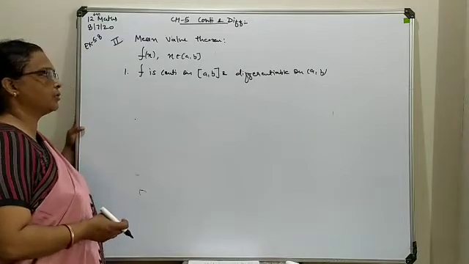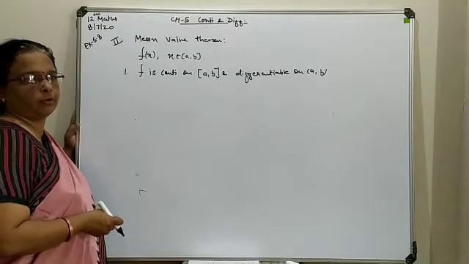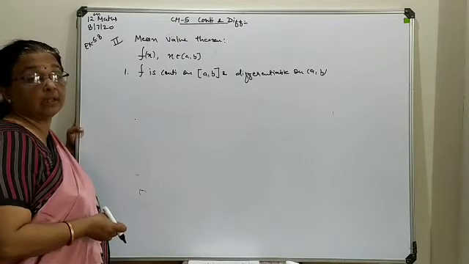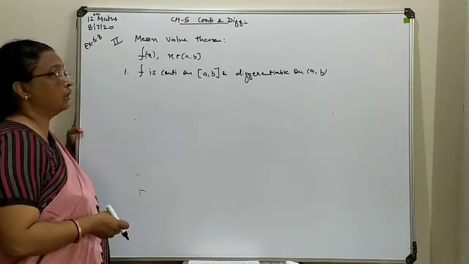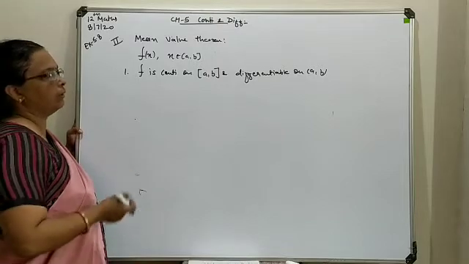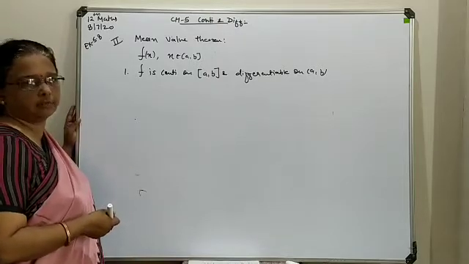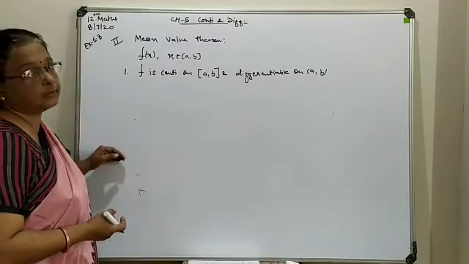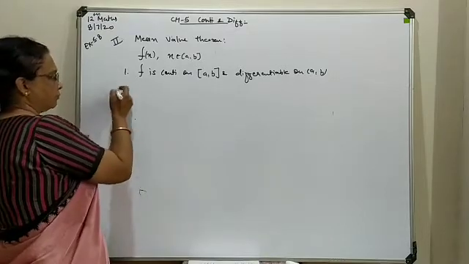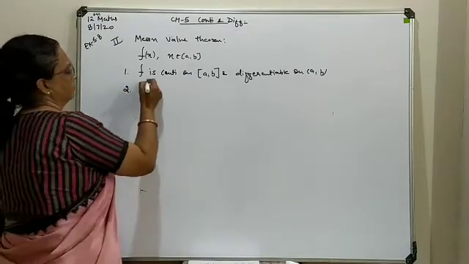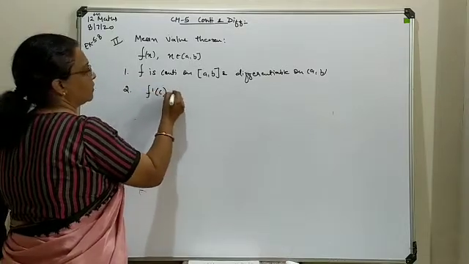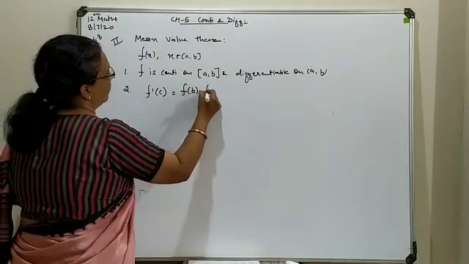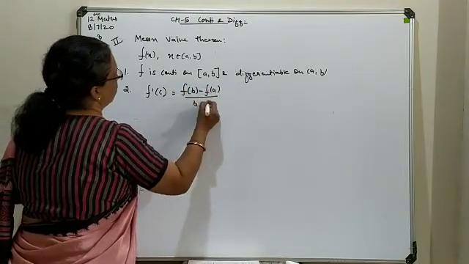If it is other than these functions, like the modulus function, integer function, ceiling function, or signum function, these are not continuous or not differentiable, so you write that and stop there; there is no need to evaluate c. Now the second step: you write the first derivative in terms of c as f'(c) equals f(b) minus f(a) upon b minus a.